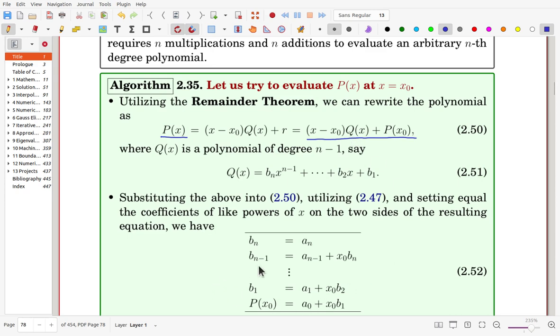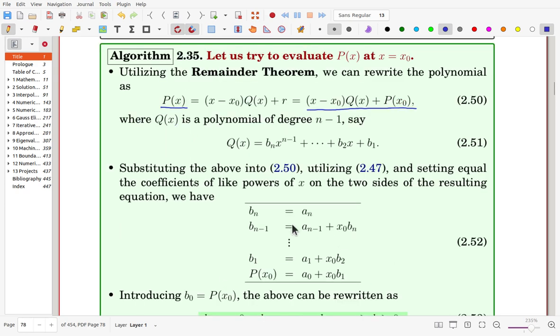And then we have such equations. The first one came from the coefficients of xn, and the next from the coefficients of xn minus 1. From both sides, you can get it.